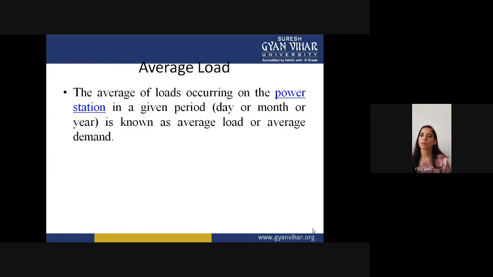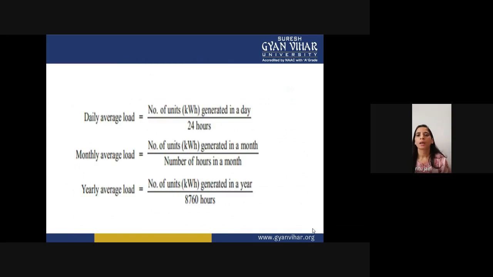Now next we come to the next point, that is your daily average load. So this is the formula for your daily average load, which is equal to number of units generated in a day divided by 24 hours. Like this, your monthly average load is equal to number of units in kilowatt hour generated in a month divided by number of hours in a month.